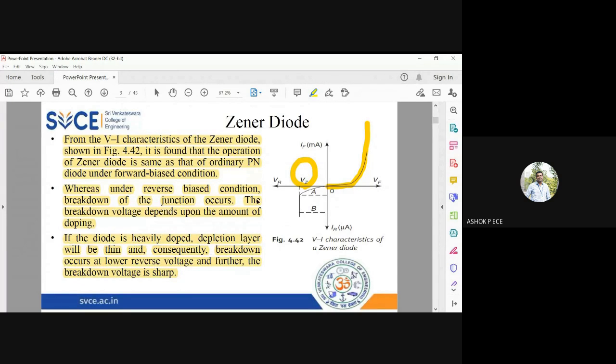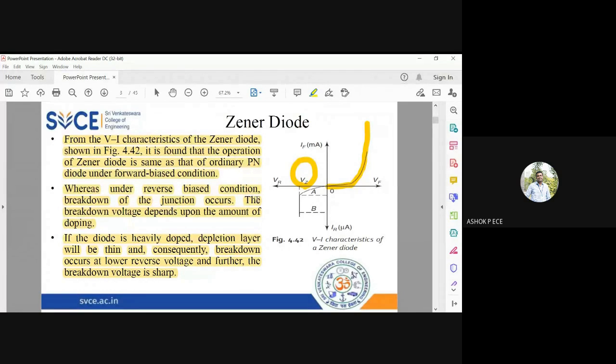Usually in forward bias only, the depletion region is very thin, right? But because of the very heavy doping of the PN junction regions in the Zener diode, even in reverse bias, if you apply the reverse bias, the depletion region will not increase that much. It will even be thinner at that point also.